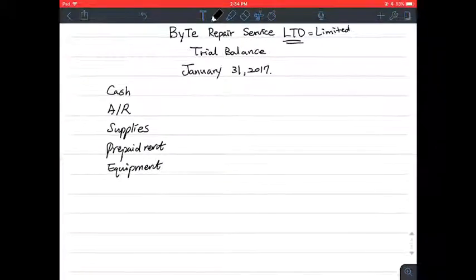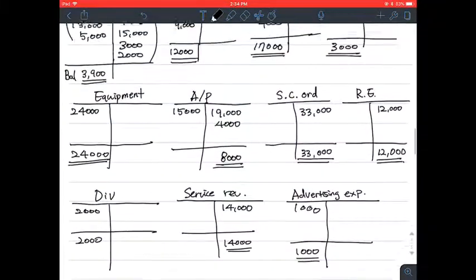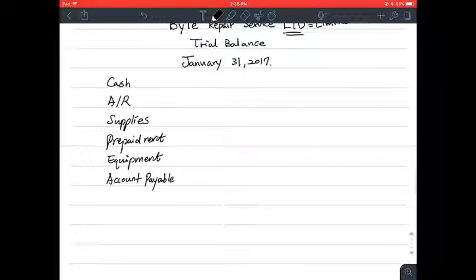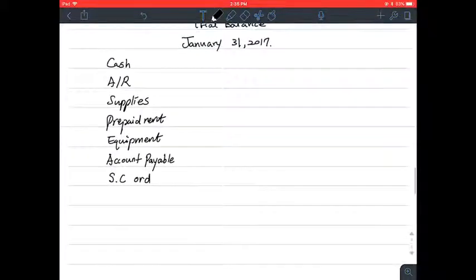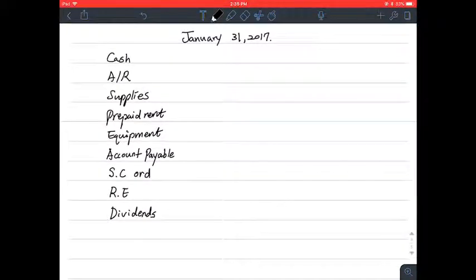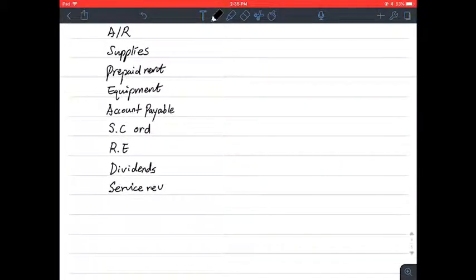We also had account payable, share capital ordinary, retained earning, dividends, service revenue, and advertising expenses.